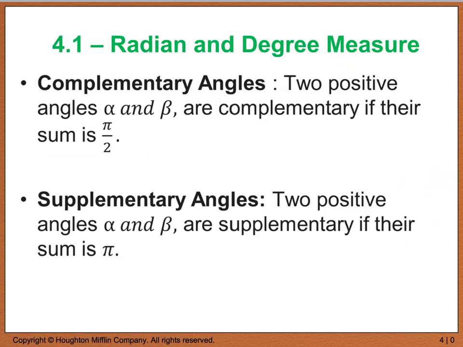Supplementary angles were if I were to take 2 angles and add them up and get 180 degrees. Well, now we're not dealing with degrees, we're dealing with radians. So 2 angles that will add up to pi radians are going to give us supplementary angles.